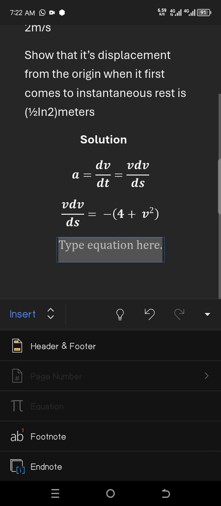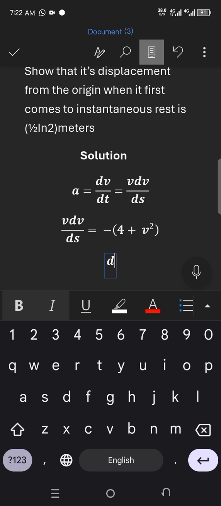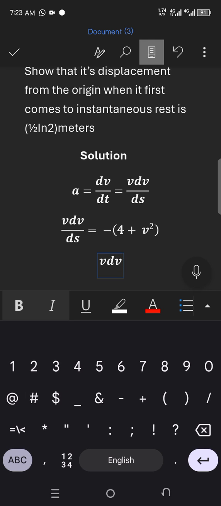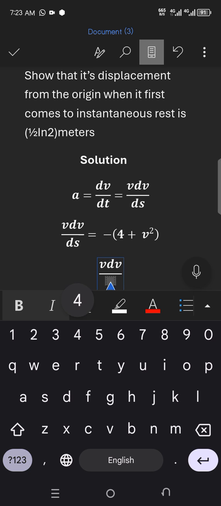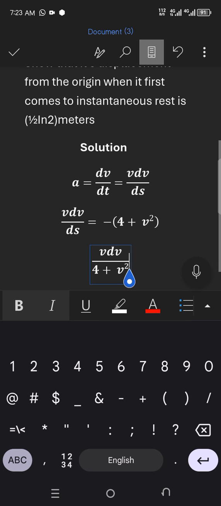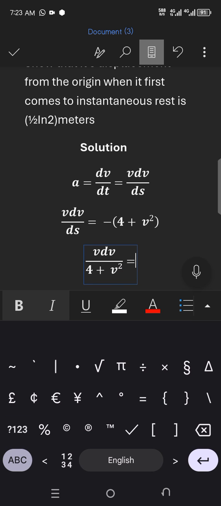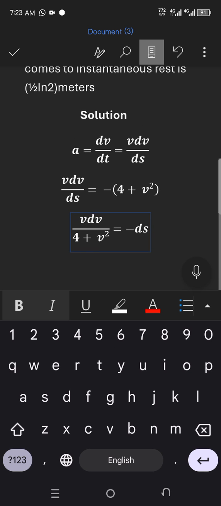On the left hand side I will have v dv divided by 4 plus v squared. I'll just keep the negative sign on the right hand side, so I'm going to have negative ds on that side.